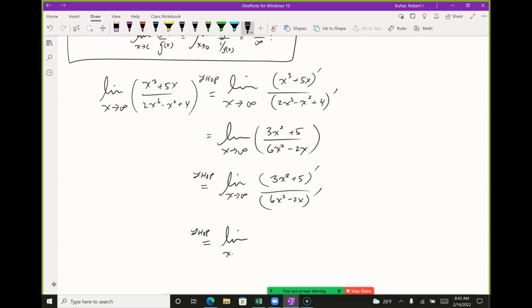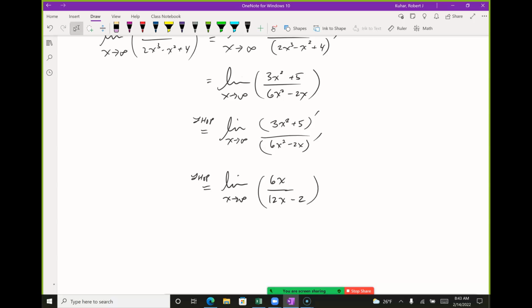So the limit as x goes to infinity of 6x over 12x minus 2. Looks like I need one more, right? I'm still getting infinity over infinity. So I'm going to take another hop. The limit as x goes to infinity of 6 over 12, so I get again 1/2, right?